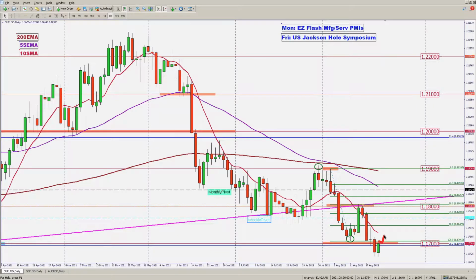It could climb up a bit further to test the 78.6 level, which is actually the 21 fib retracement. And if it does hit there, then that should be a strong resistance, and give us an opportunity to join the bearish trend.